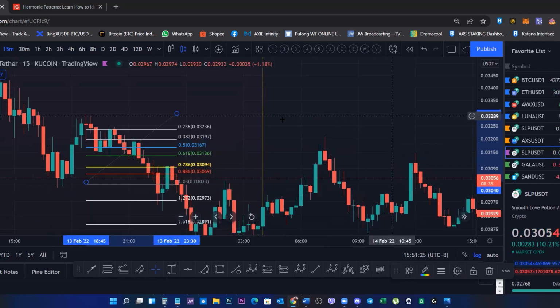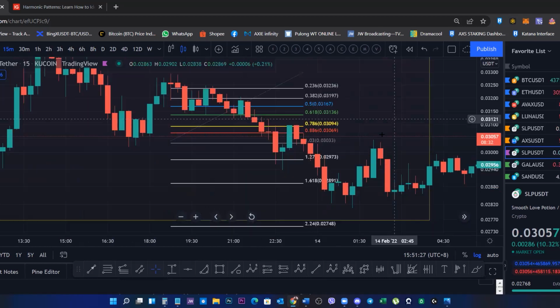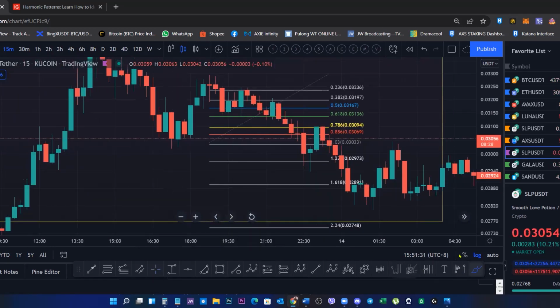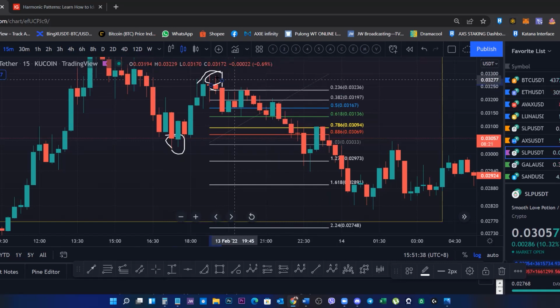We'll make it bigger. 1.618. Again, how did I measure this? Point C, and this is our point D. Okay, so this is my Fibonacci. So it goes to 1.618, between 1.618 to 2.24. Okay?